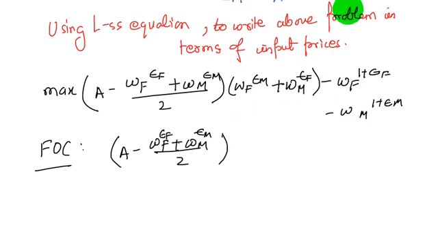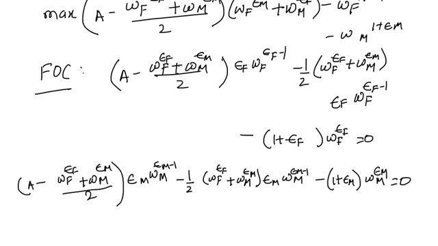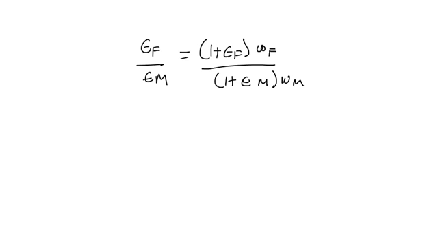You can pause and check what I have written. Thus this is the first order condition. Now it can be written and divided as, now this is what we get by dividing the above two equations.